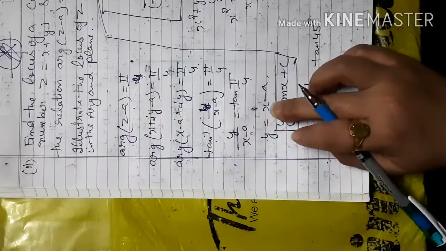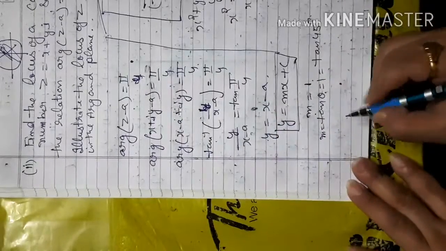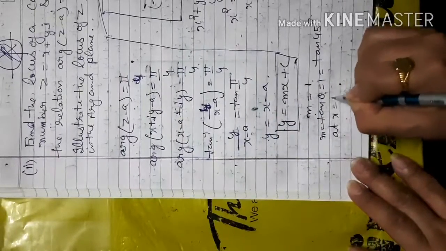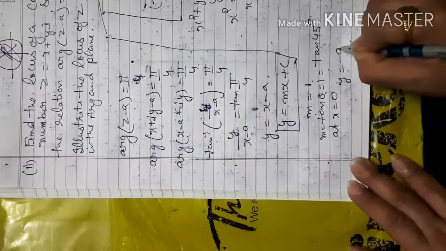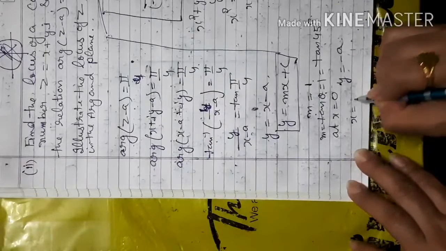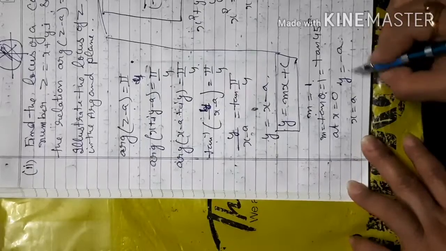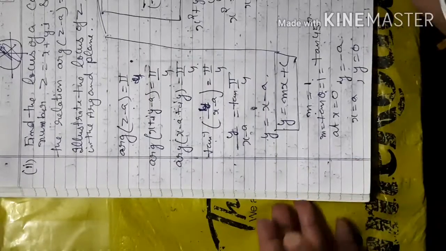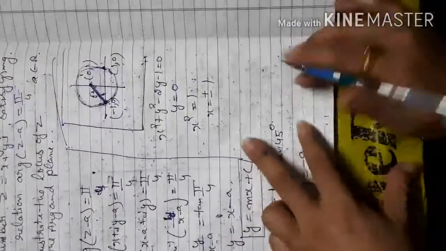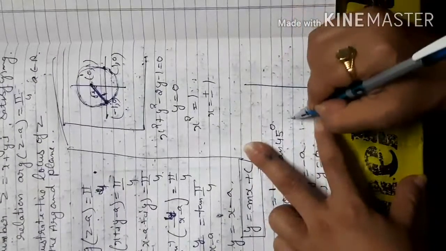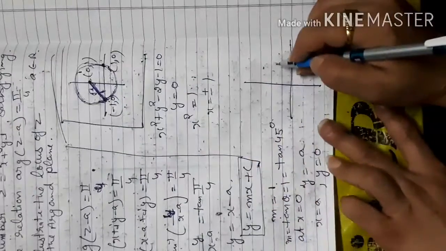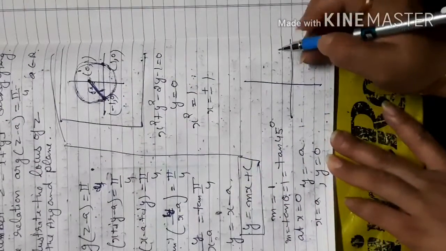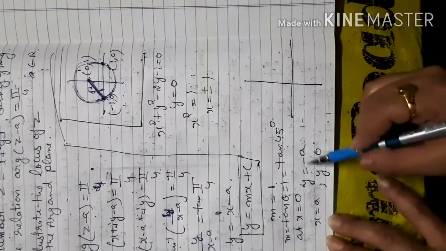If you put x equal to 0, at x is equal to 0, y is equal to minus a. At x is equal to a, then y is equal to 0. So after finding two coordinates, now you represent them on the line. If this is a line, any point lies between a and minus a.